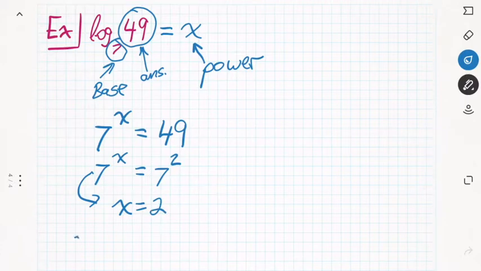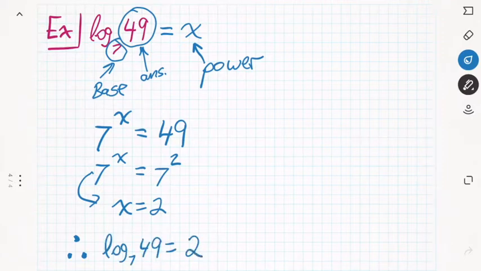So, therefore, I like using my little 3 dots, that represents therefore, log base 7 of 49 has to equal 2. So it depends on your style of doing these problems, if you set it equal to x and change it to an exponential, or if you just ask the question. Some of them get kind of confusing, so asking the question sometimes doesn't end up with a good answer.